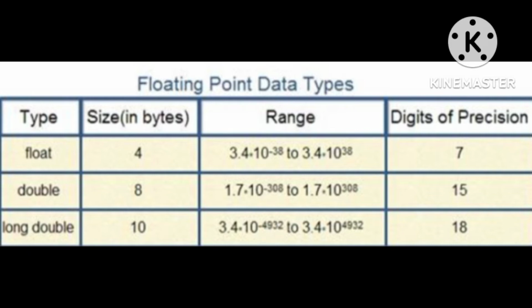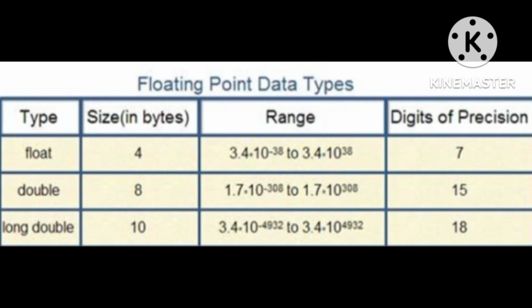First, we read the main points of this table: type, size, range, and digits of precision. The first one is float. Float size is 4 and range is 3.4e-38 to 3.4e+38, and digits of precision is 7. The second one is double.